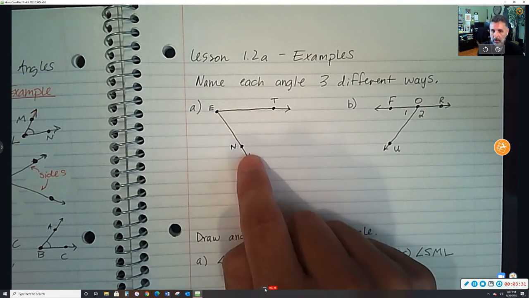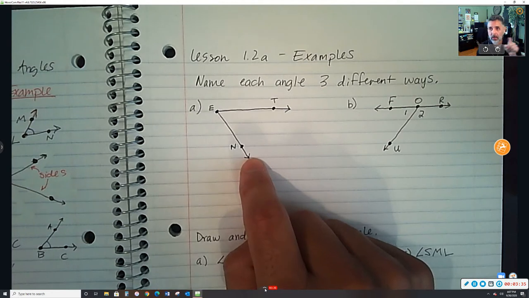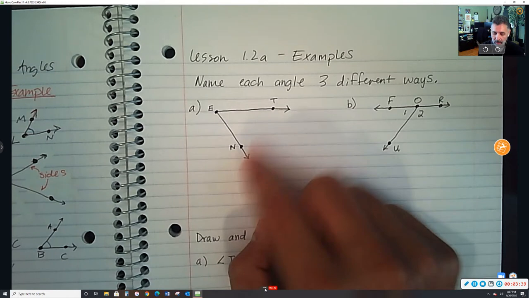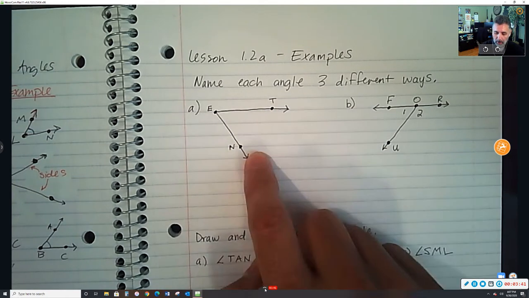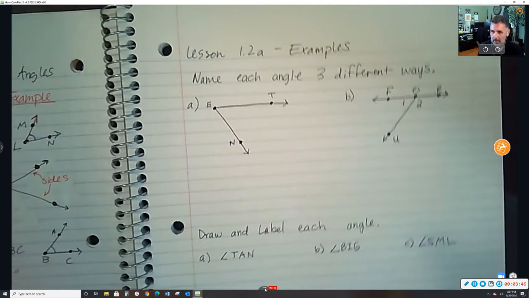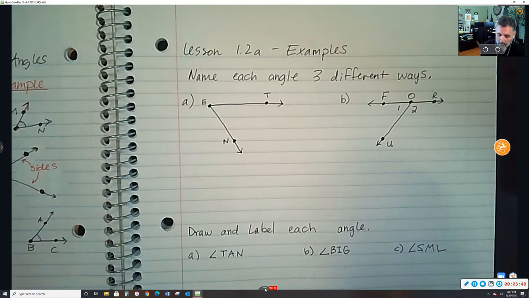Imagine you have to trace the angle from one side to the other side without going over it again. The only way you can do that is if you start at one of these ends and then go back. And that's pretty much how you trace it, is how you name it.